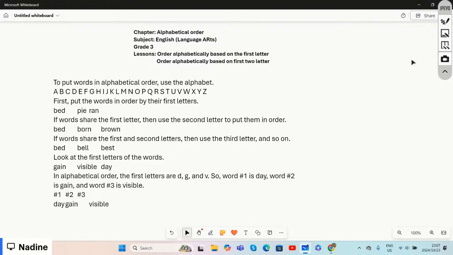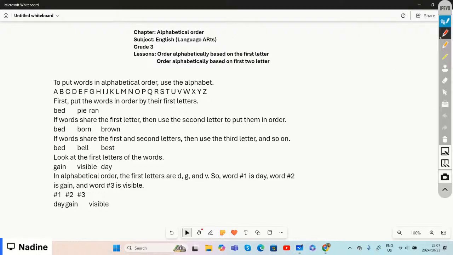All right. And yet it even says to put words in alphabetical order, we need to use the alphabet.